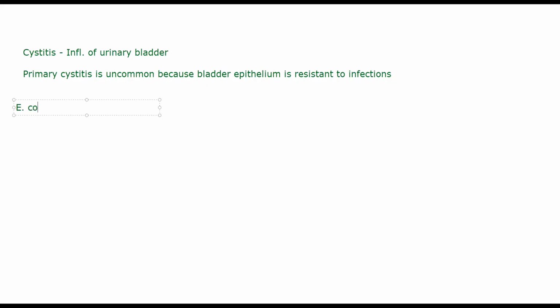E. coli is the most common cause of UTI, followed by Enterobacter, Pseudomonas, sorry, not pneumococci, Klebsiella, and a few species of Proteus as well. Okay, these five are the bacteria most commonly associated with causing UTI.